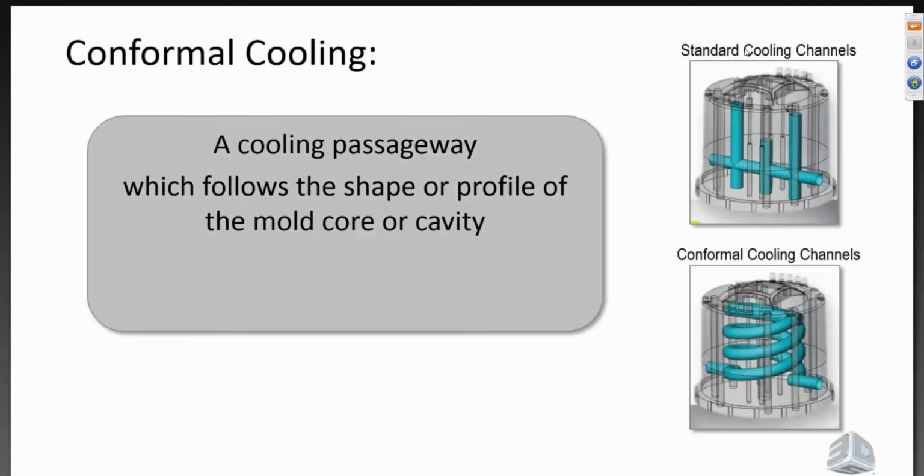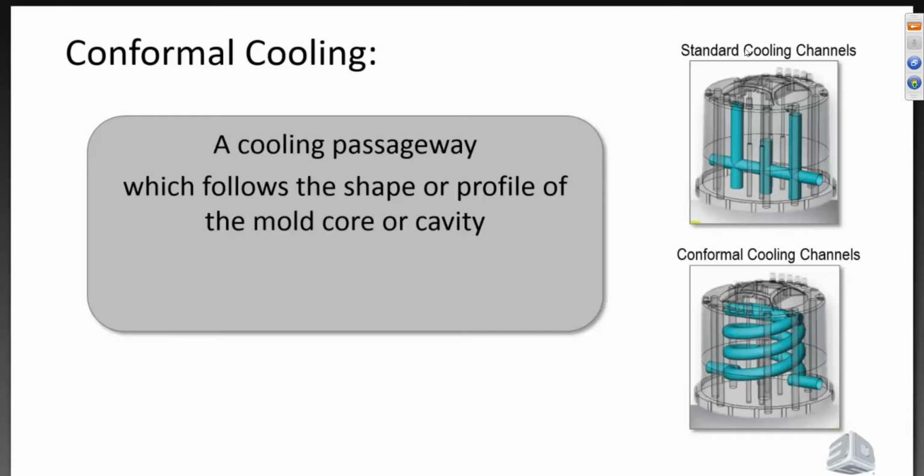What is conformal cooling? The simplest description is that it's a cooling passageway which follows the shape or profile of the core. In the example you see in the upper right, standard cooling in mold making is handled by drilling standard drill lines that intersect, and then baffles or bubblers are used to direct the water up and into those cooling lines.